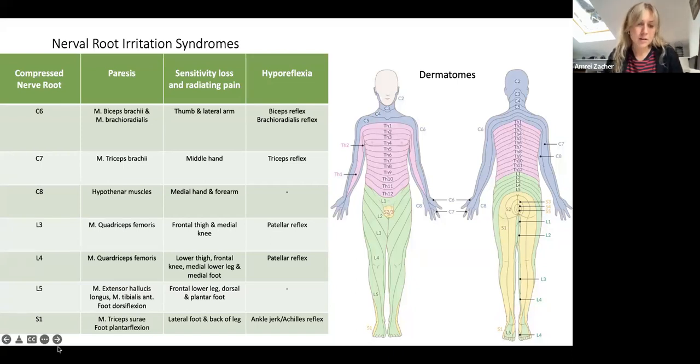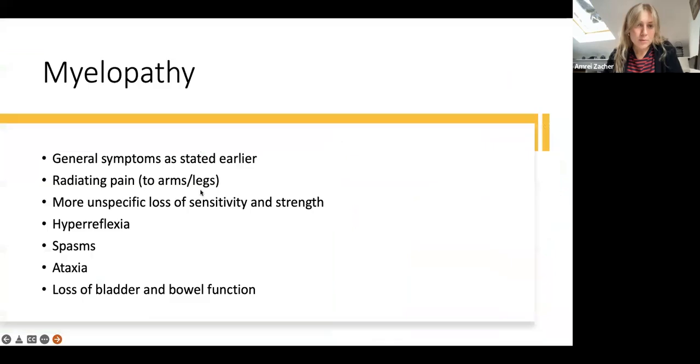Okay. So from this, we will go to the myelopathy. So now deterioration of the spinal cord. General symptoms can be similar. So you would also have back pain. You would also have radiating pain, depending on where your myelopathy lies.